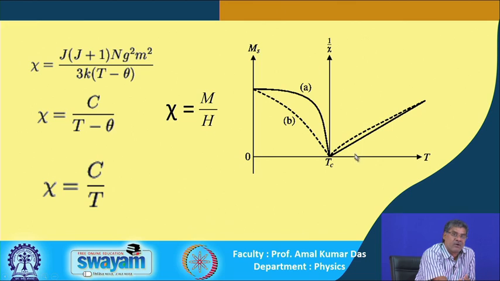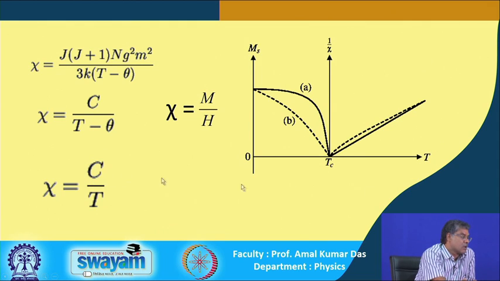Always when we plot, if we have the opportunity, we try to get a linear curve. So, instead of plotting chi versus T, if we plot 1 by chi versus T, you get a linear curve, and then it is easy to interpret, because it is easy to find the slope of this line. If you find the slope, you can get the value of this constant C, the Curie constant.